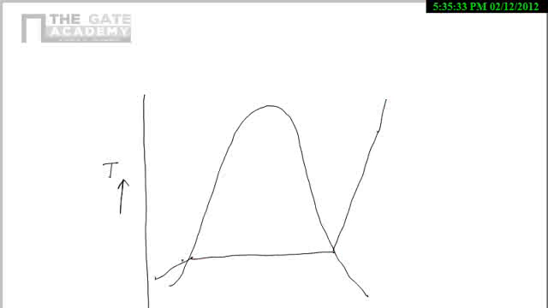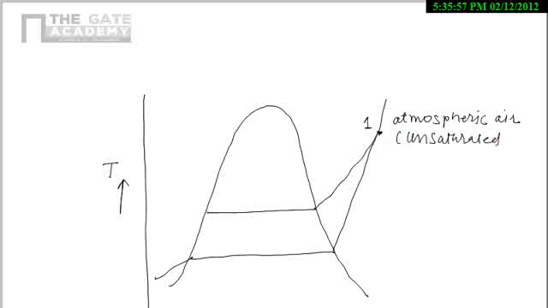Suppose state 1 is atmospheric air, which is unsaturated air. From 1 at constant pressure it is cooling and reaching here, where the condensation will start.